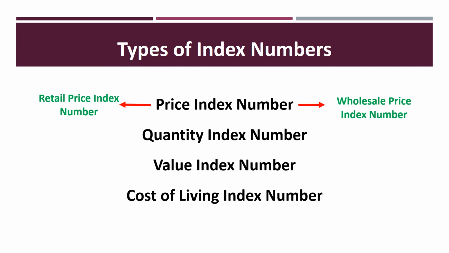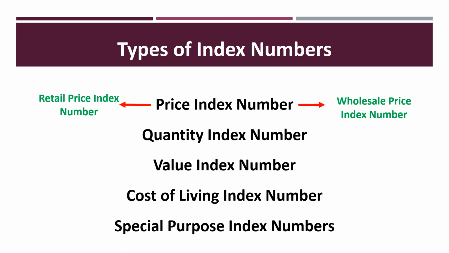And the cost of living index number. It helps in the comparison of average change in consumption and expenditure of the commodity from one time to another. It shows the average change in the consumer expenditure of a particular class of consumers. And the last type is special purpose index numbers.